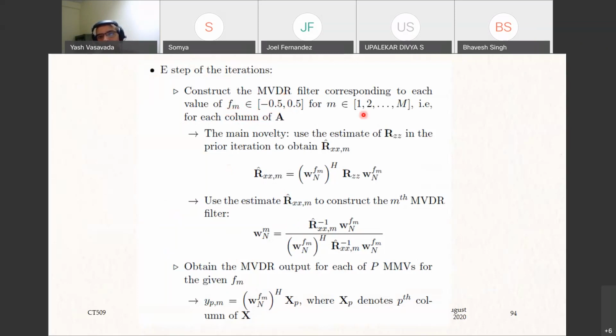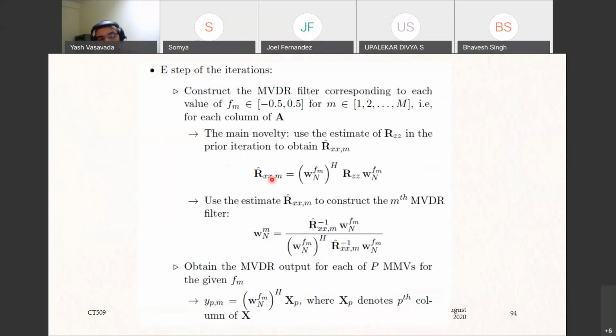And remember, there is a total of capital M values of f in that matrix capital A. So basically, we go column by column of that matrix A, and for each column, we form the MVDR filter. Now remember, this is the expression for the MVDR filter, which requires us to have an estimate of Rxx.